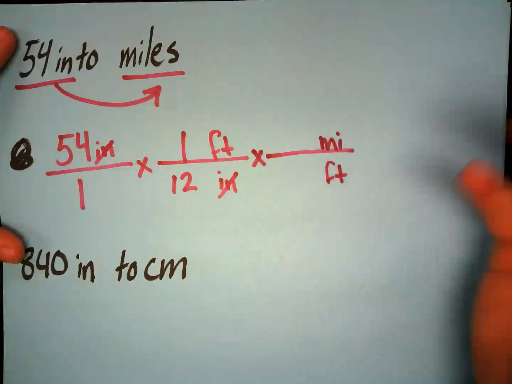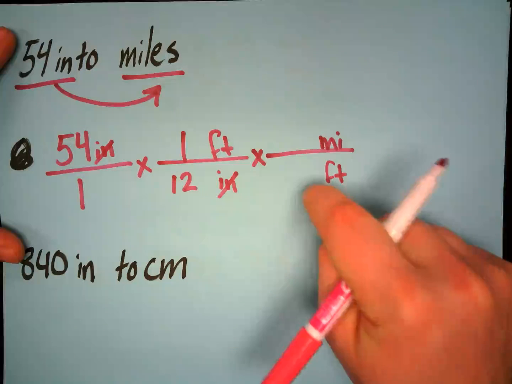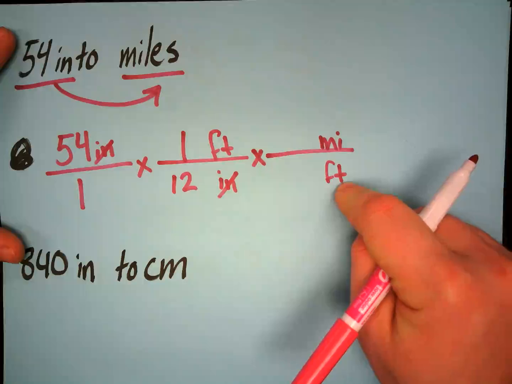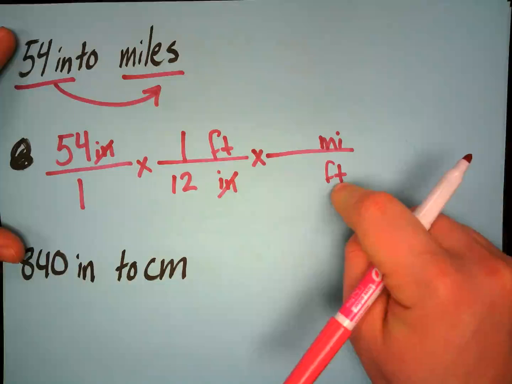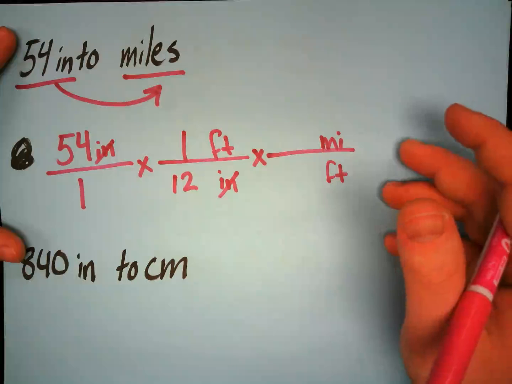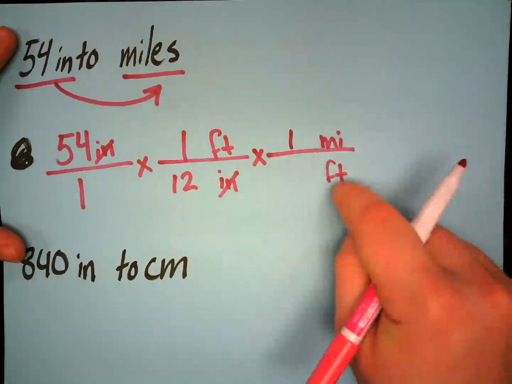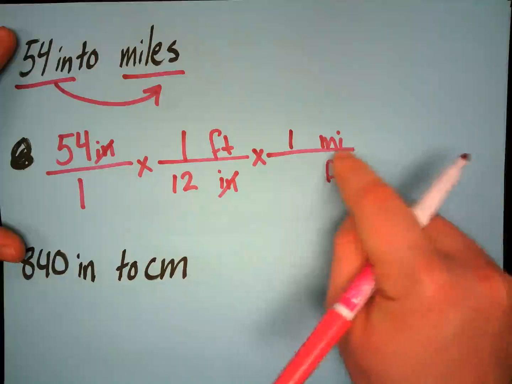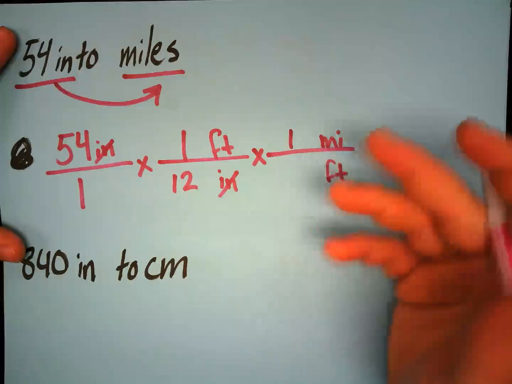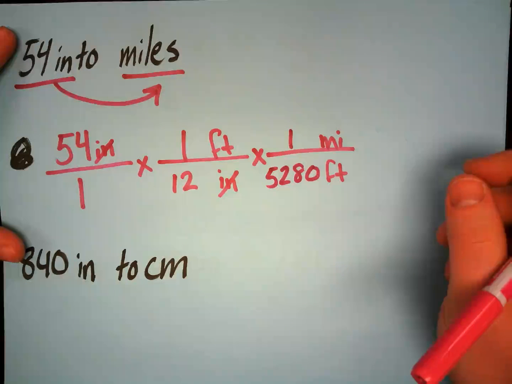And again, just because miles is the larger quantity, it's easier to fit our smaller quantity, the smaller range, with a whole number, so miles is the one we should have here. I just know off the top of my head there are 5,280 feet in 1 mile.